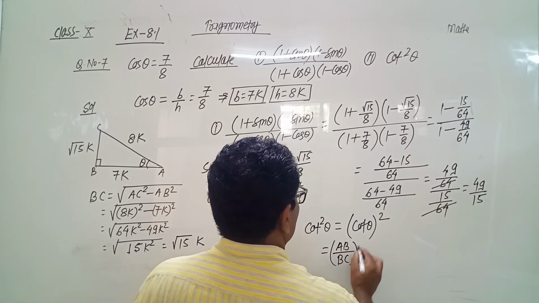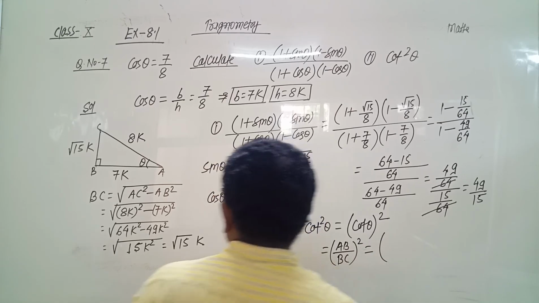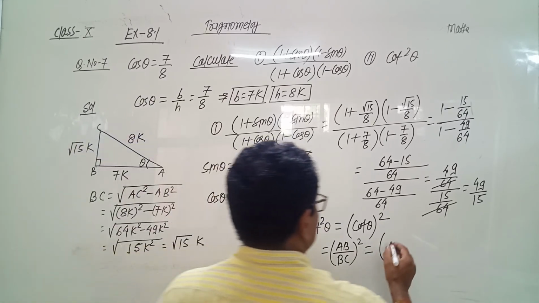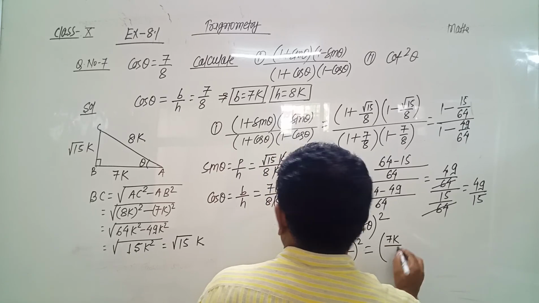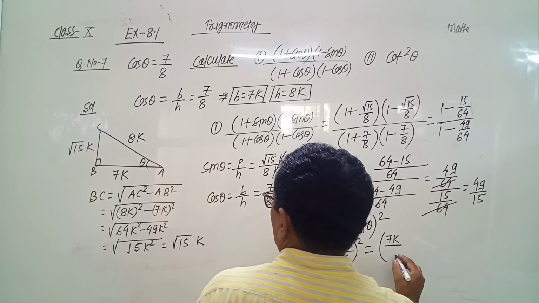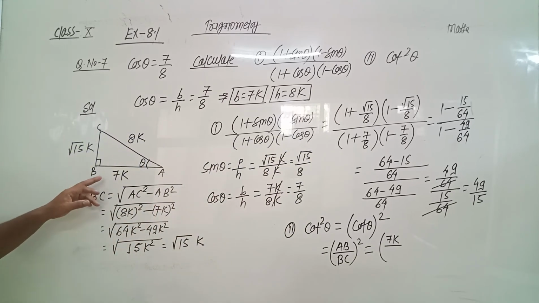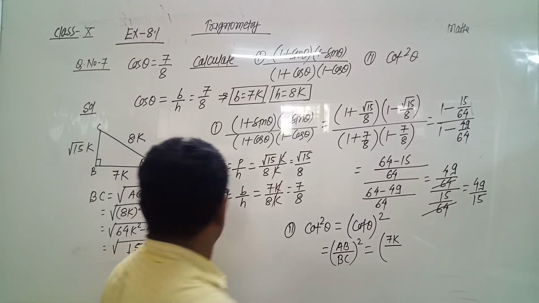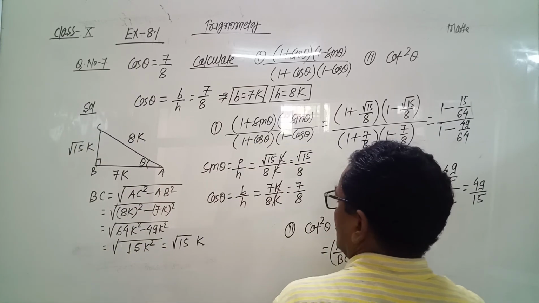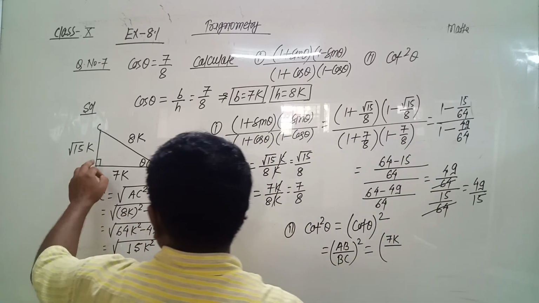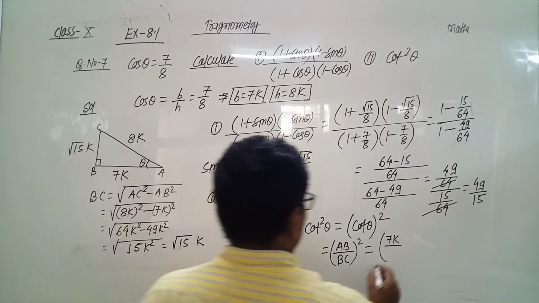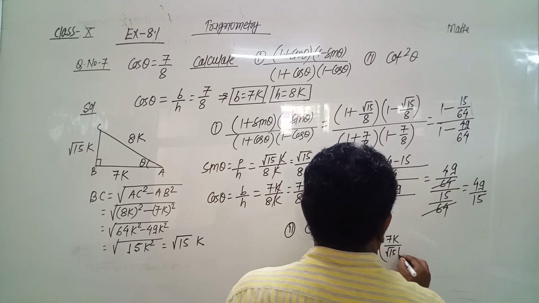So AB upon BC the whole square, and put the value of AB, which is 7k, and BC is root over 15k.